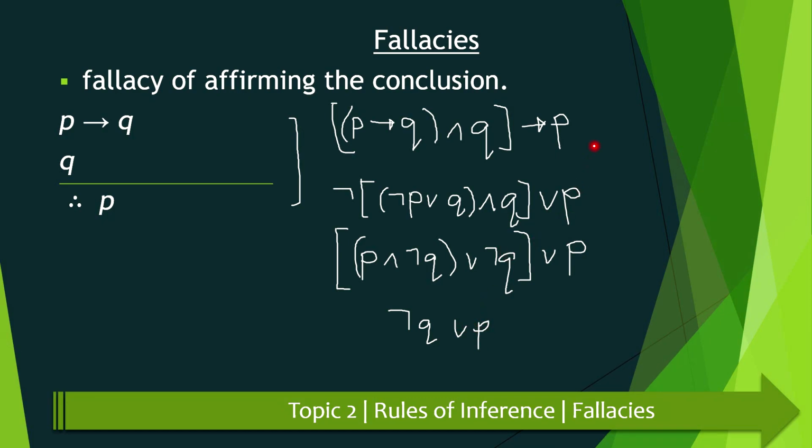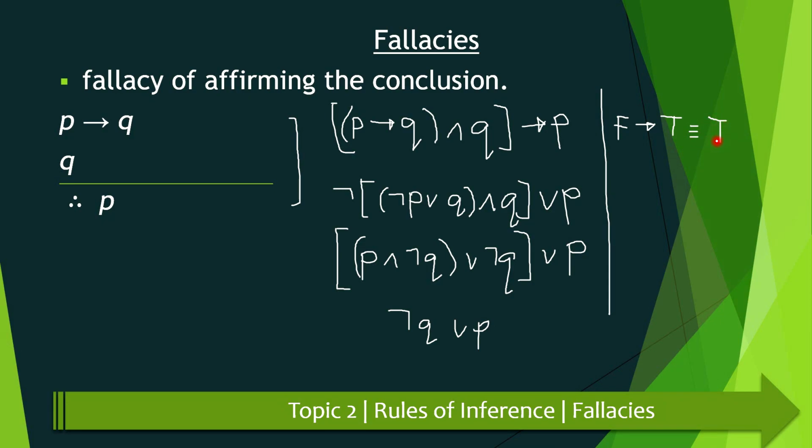And if we're going to use the truth table for this example, example P is false, so it will become F, then Q is true. So F implies T, this is true.